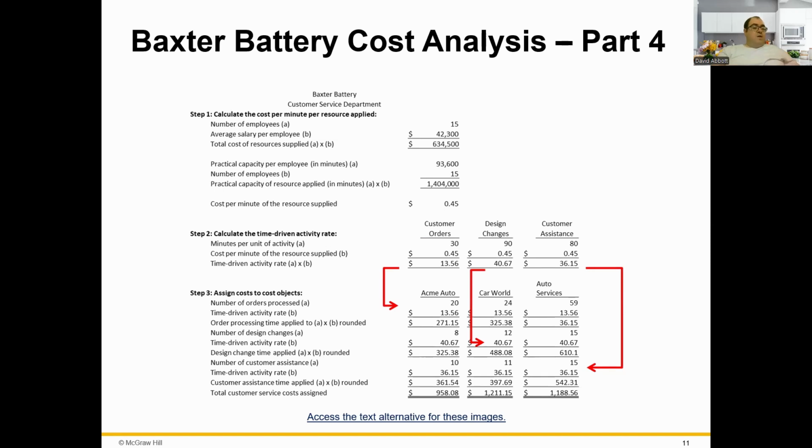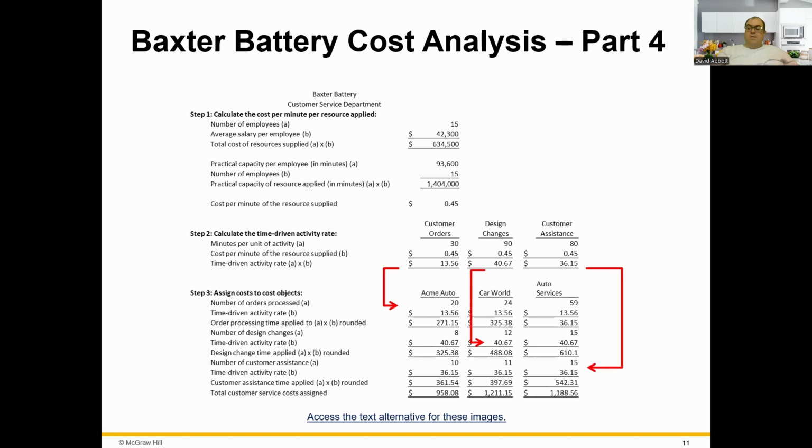The third step is to assign customer service costs to those 3 activities. We take the rates we calculated earlier, multiplied by the number of each activity for those customers. For example, for Acme World, Acme Auto, we had 20 orders processed.